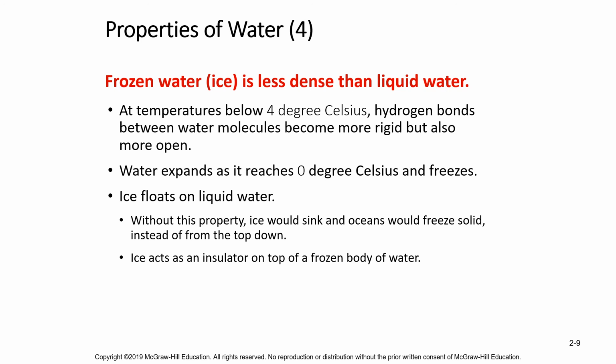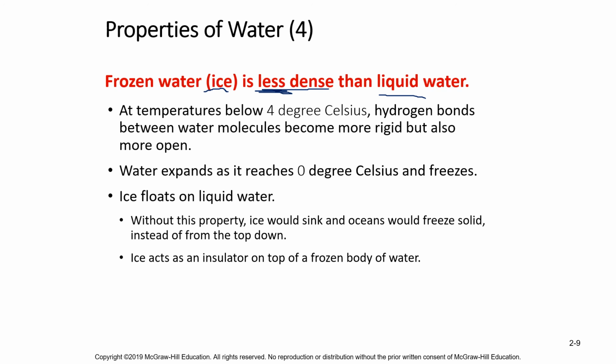One of the last superpowers of water is that ice is less dense than liquid water. And this is one of the few substances on Earth that is less dense as a solid.